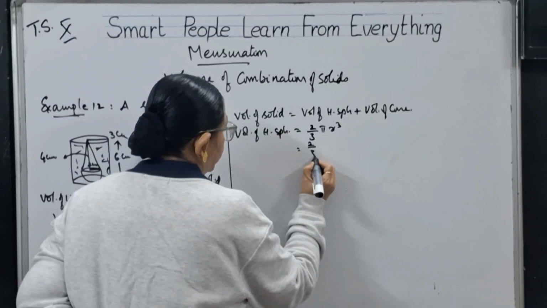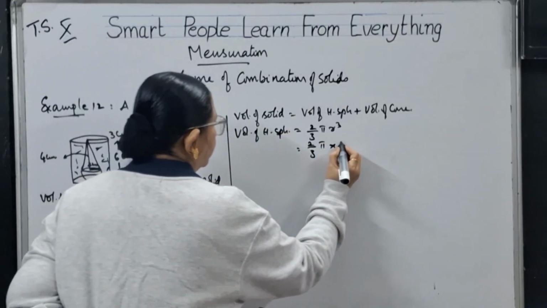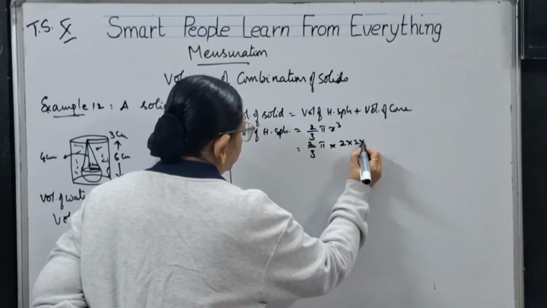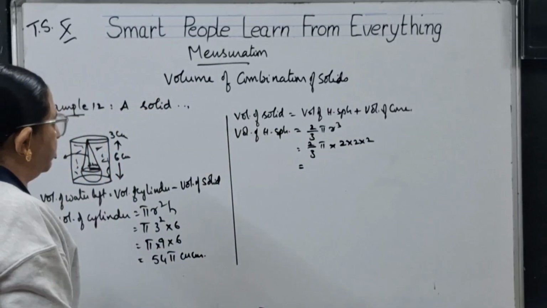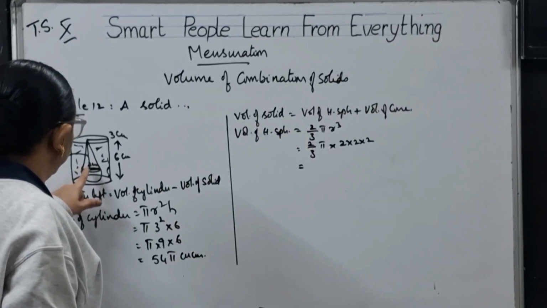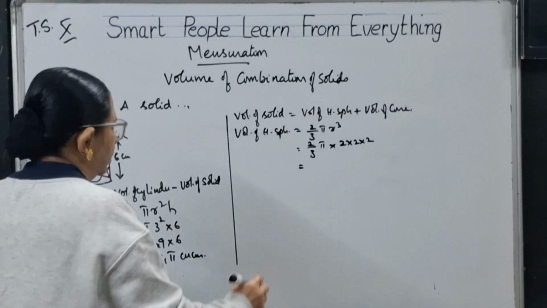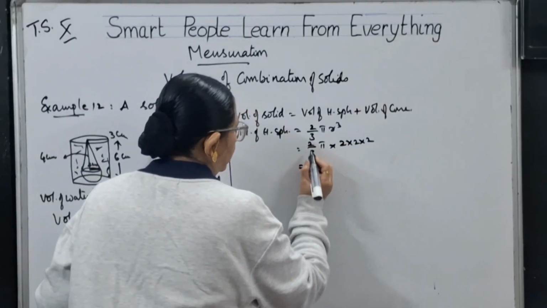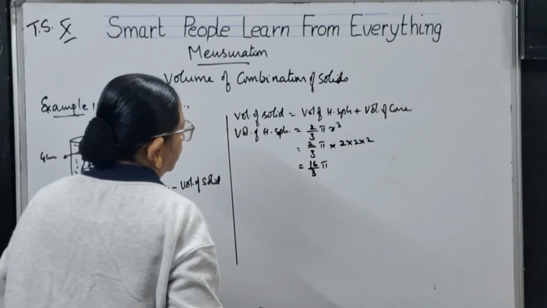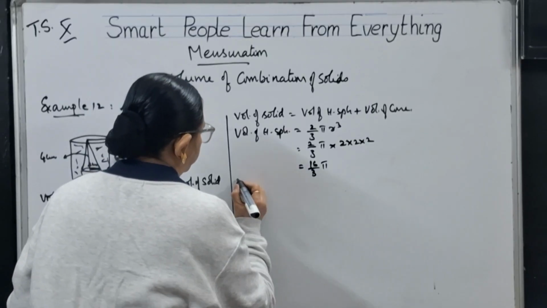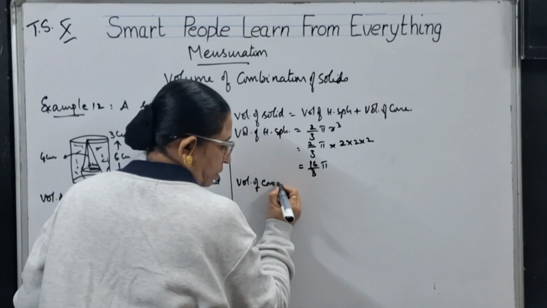That is 2 by 3 pi into radius, which is given as 2, 2 into 2 into 2. 2 2s are 4, 4 2s are 8, so 16 by 3 pi is the volume of the hemisphere.